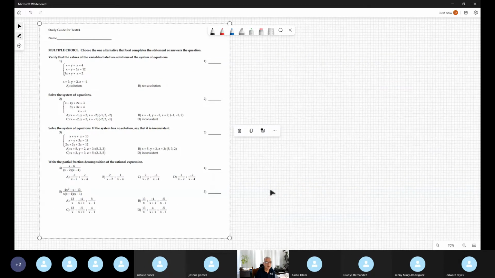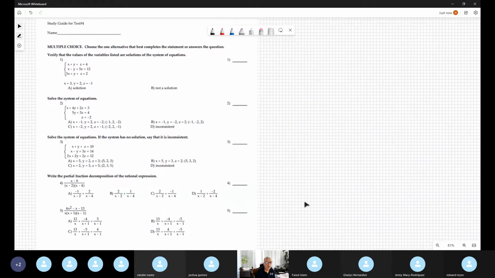Yes. So, question 1 is super elementary. It's verify. And to verify, you don't need to solve it. One solution is given and you plug it into the equations, one by one. If everything is true in equation 1, equation 2, and equation 3, it is a solution. If at least one equation fails, no solution.